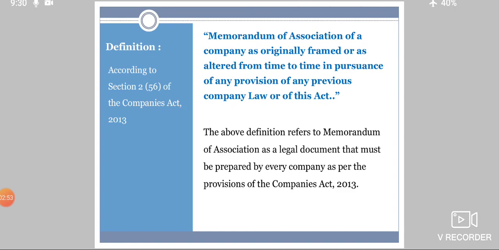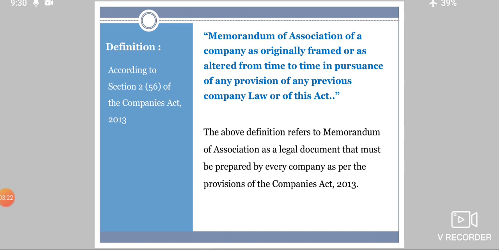Coming to the definition for Memorandum of Association, according to Section 2(56) of the Companies Act 2013, Memorandum of Association of a company as originally framed or as altered from time to time in pursuance of any provision of any previous company law or of this act.